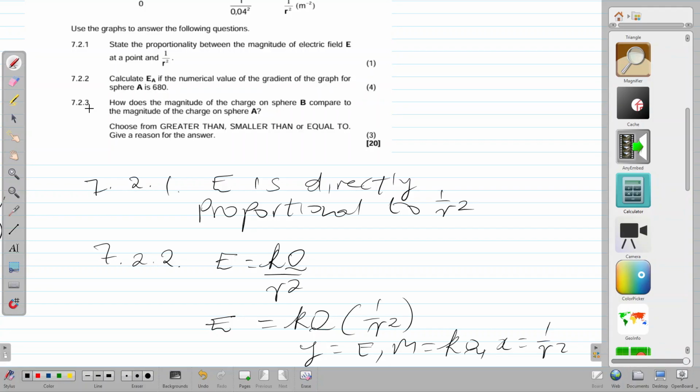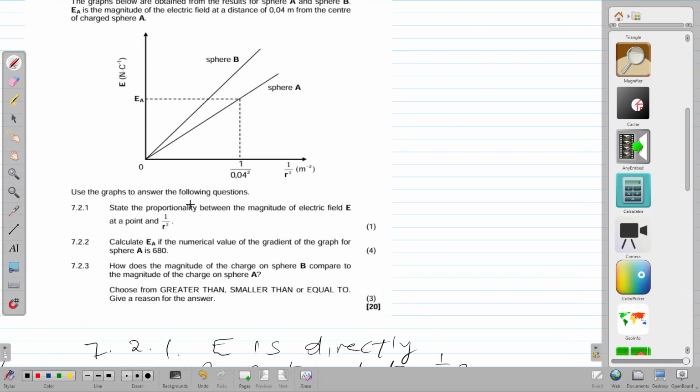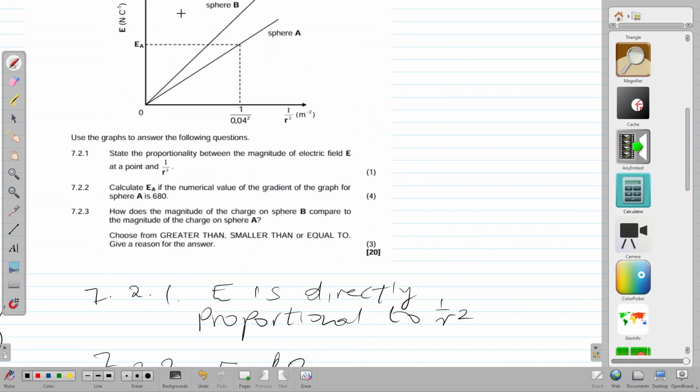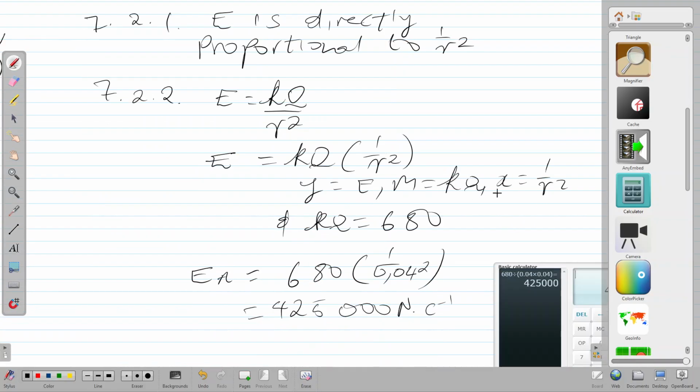Then 7.2.3, how does the magnitude of the charge on sphere B compare to the magnitude of the charge on sphere A? You must choose greater than, smaller than, or equal to, and then give a reason for your answer. Here again we'll use this linearization, and you note that the gradient for both graphs is kq.